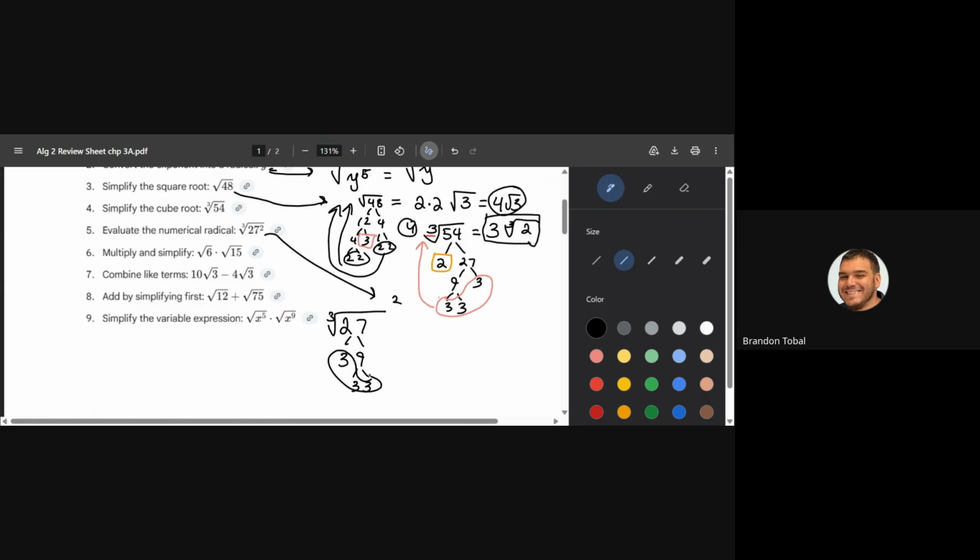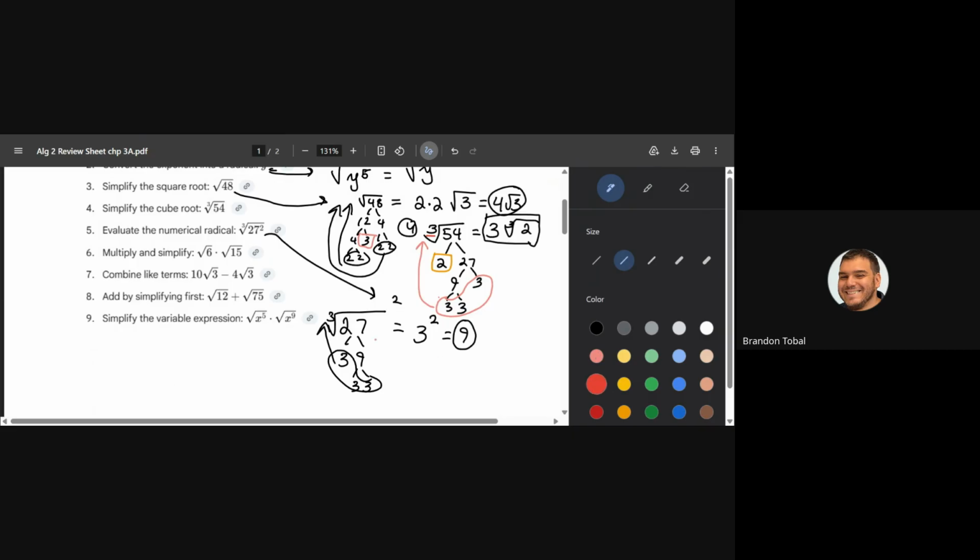All the 3s get to leave, and there's nothing left over. So it becomes 3 to the 2nd power. Because it's 3 to the 2nd power, I do 3 times 3. That equals 9. The final answer is 9.